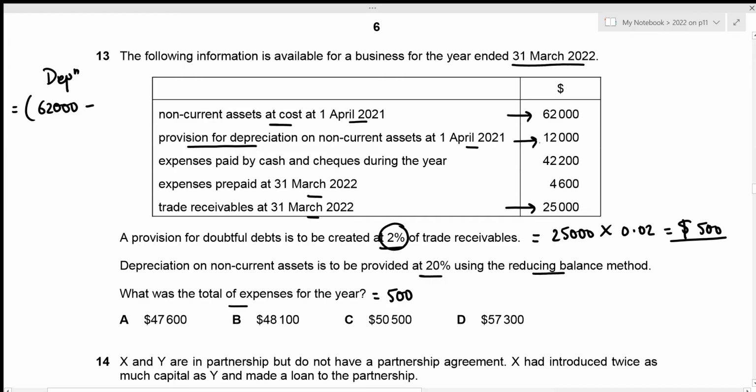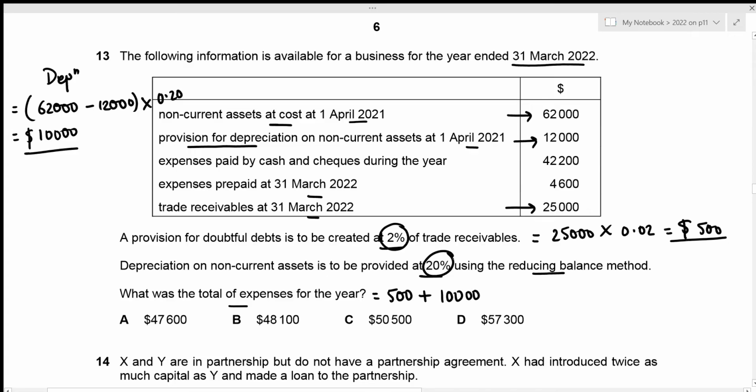So we just need to subtract it and then apply the rate of depreciation, which is given to be 20%. So that's times 0.20. And this gives our depreciation charge for the year ended 31st March 2022 to have the value of 10,000. And depreciation is also an expense, so let's add it here.